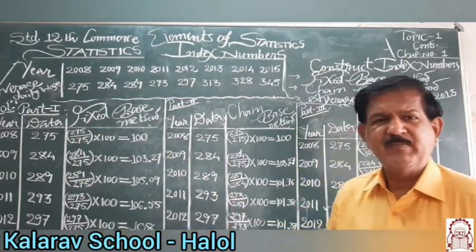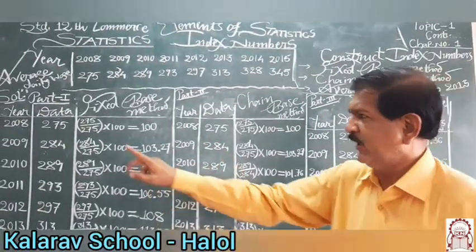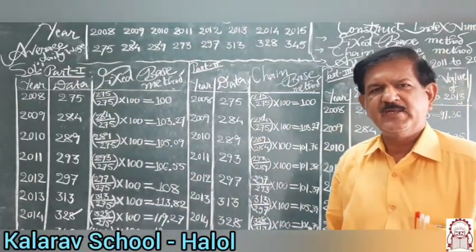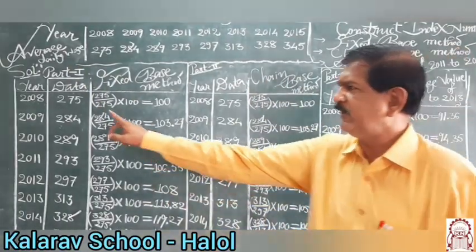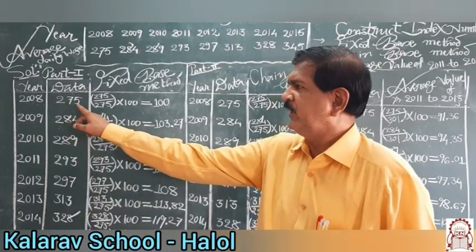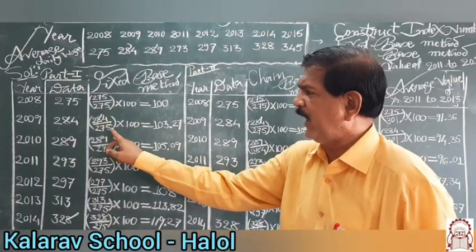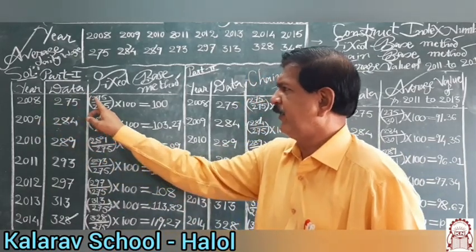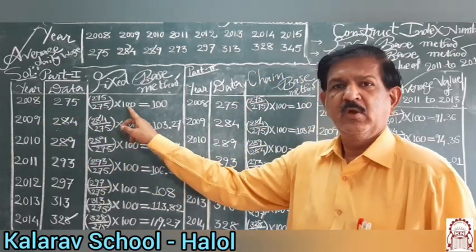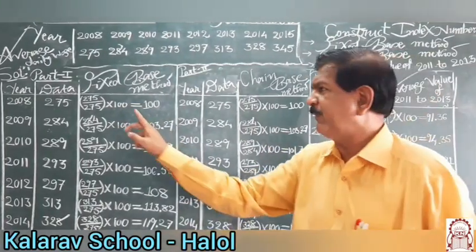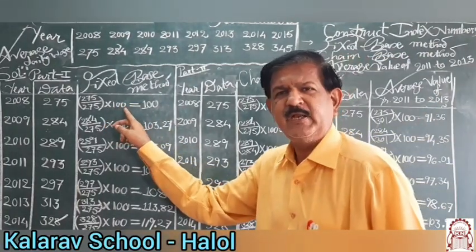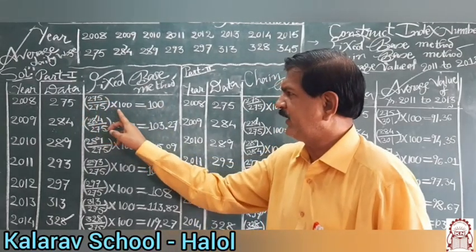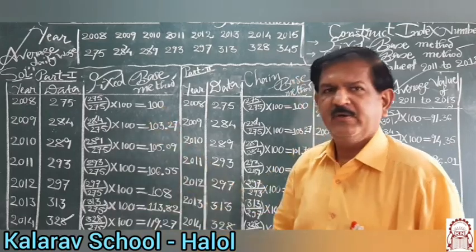In the fixed base method, the first year, 2008 or whatever may be the first year, is taken as the base year, and that is why the value 275 is in the denominator of each and every term. For 2008, 275 upon 275 into 100. Always multiply this value by 100 in order to express it in terms of percentage. 275 upon 275 multiplied by 100, the value is 100.